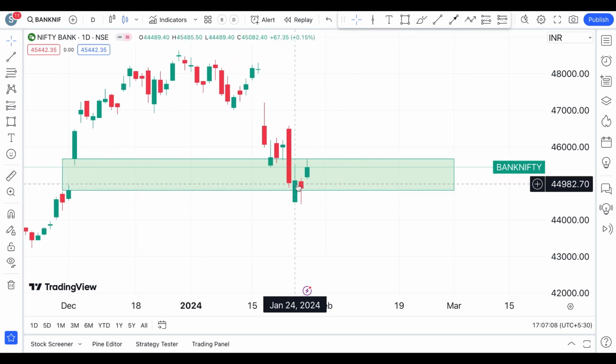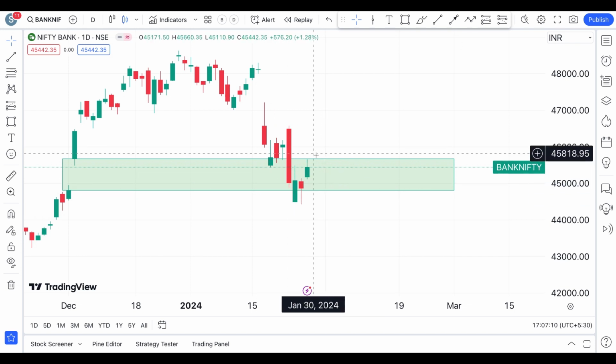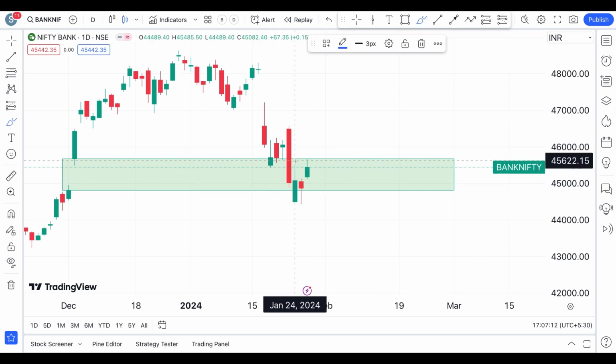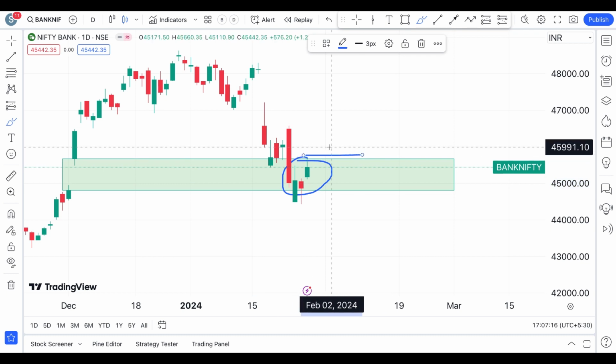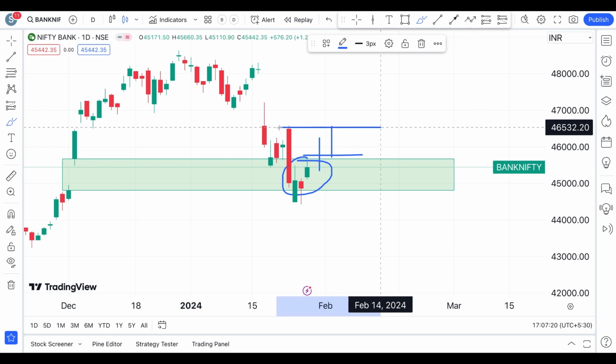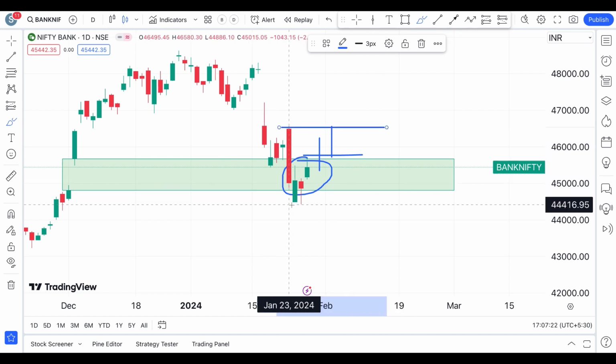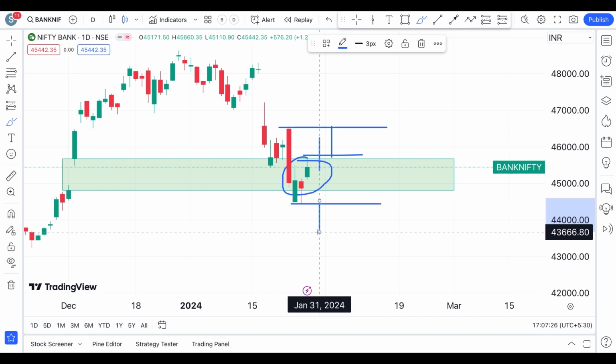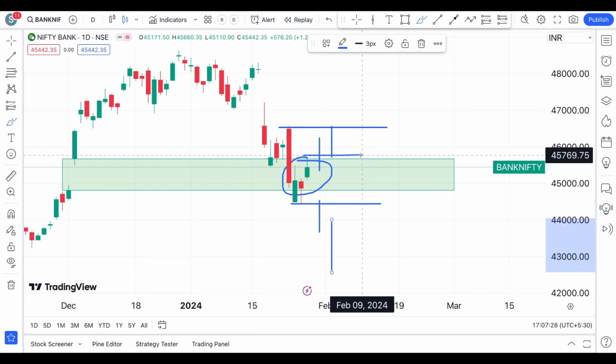And even right now, as you can see, Bank Nifty is trading in this zone even today. So until it comes out, forming a candle out there with a proper confirmation candle, or a swing high break, or towards the downside, if it breaks this level, then we can expect it towards the downside. But until that happens, we are still stuck in this zone.